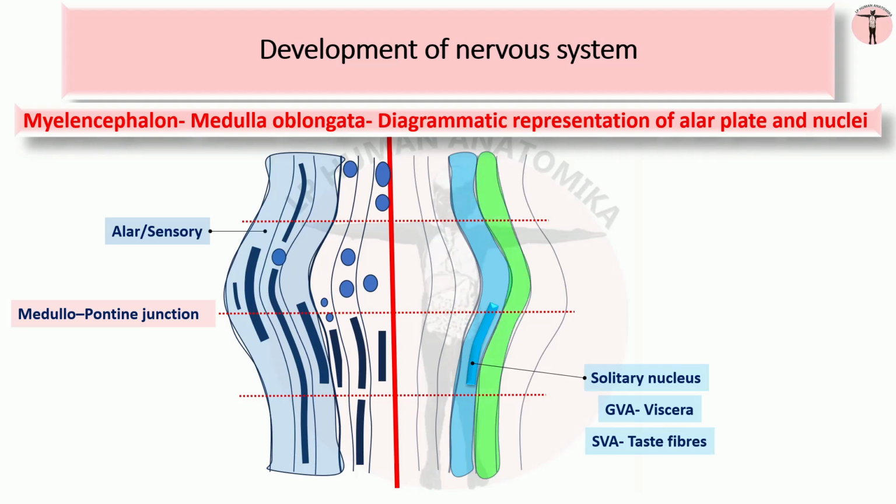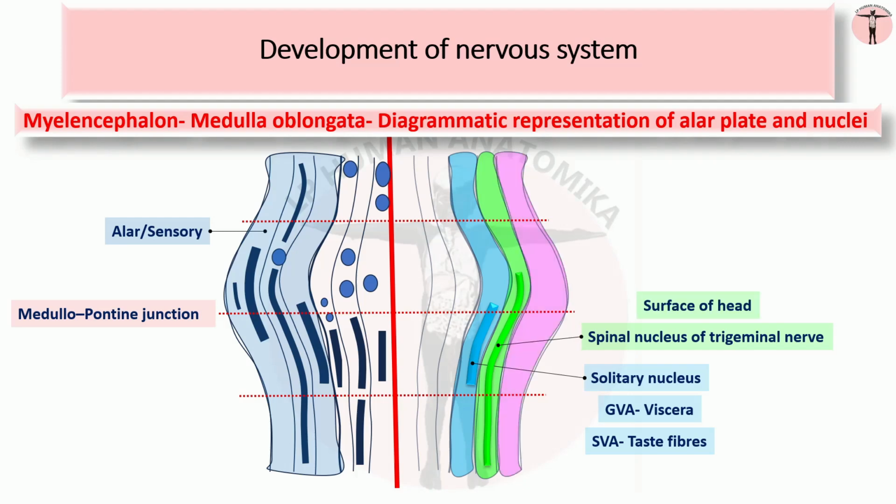The general somatic afferent column is represented by the spinal nucleus of the trigeminal nerve, which receives impulses from the surface of the head. The special somatic afferent column is represented by the vestibular and cochlear nuclei present in the medullopontine junction and receives impulses from the ear.